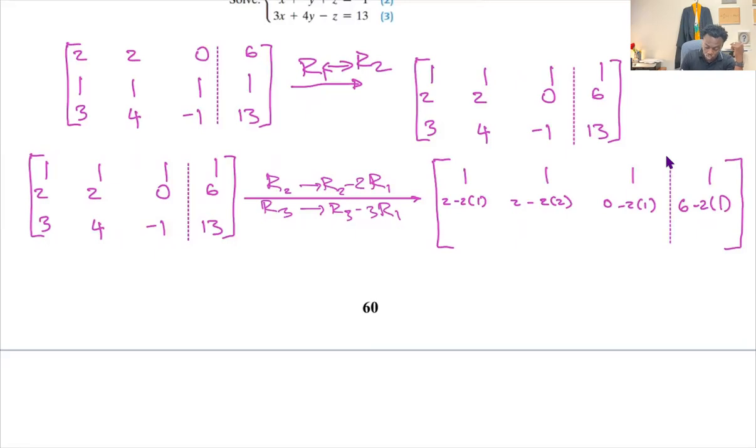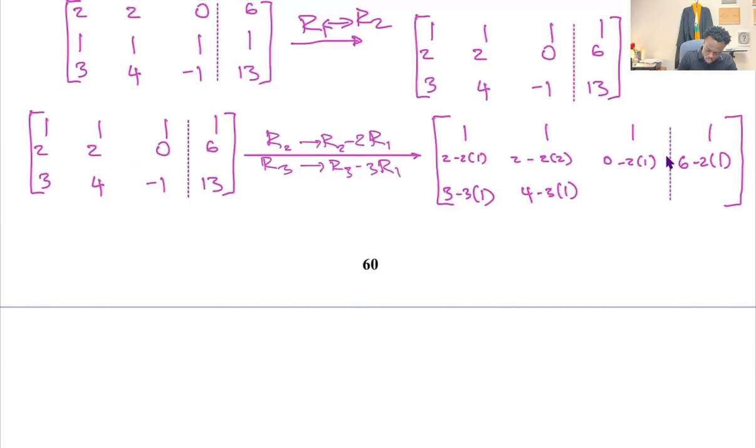So that is row 3 receives row 3 minus 3 times row 1. So that's row 3, 3, minus 3 times row 1, 1. Row 3, 4, minus 3 times row 1, 1. And row 3, negative 1, minus 3 times row 1, 1. And then row 3, 13, minus 3 times row 1, 1.